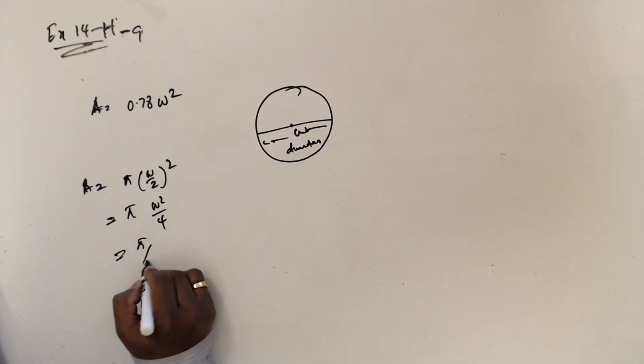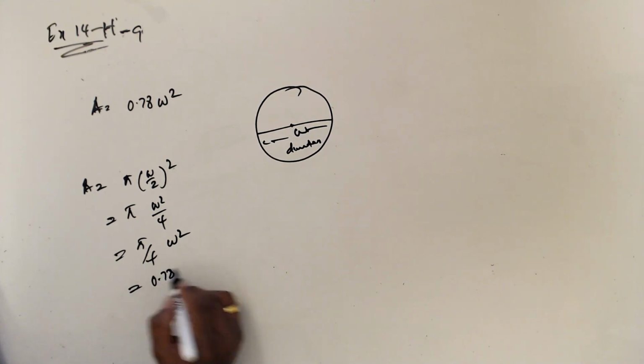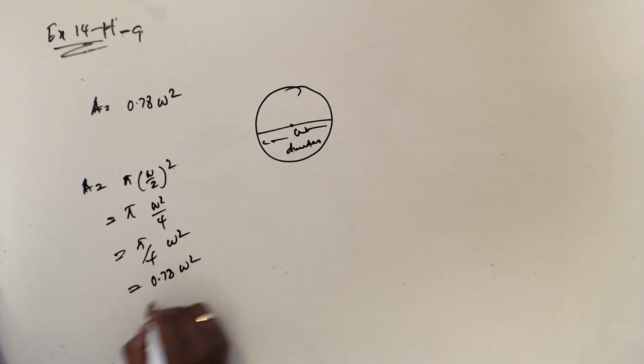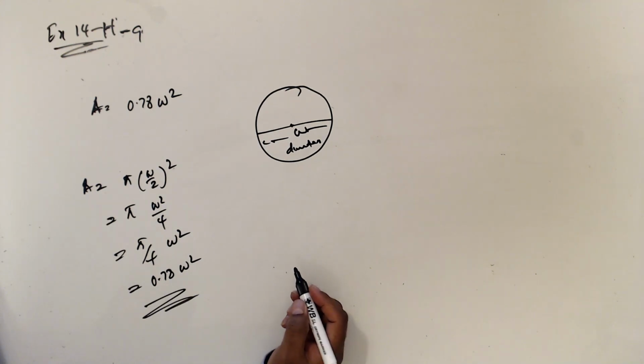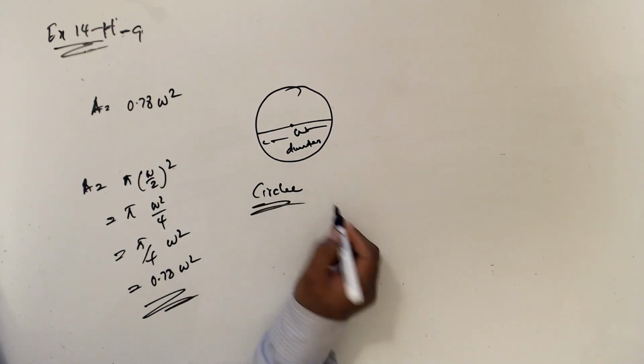This is pi over 4 W square. This is going to be 0.78 approximately W square. So then we are referring to a circle. So you can think about circle.